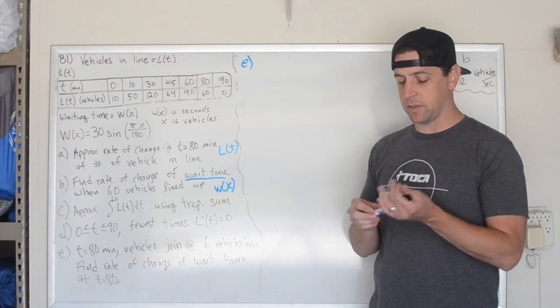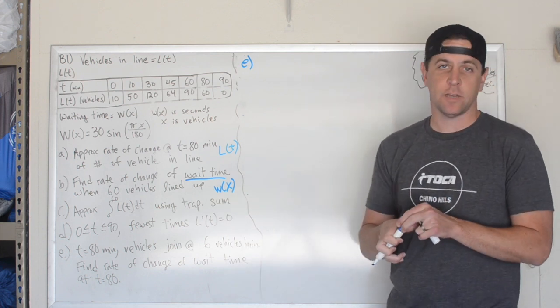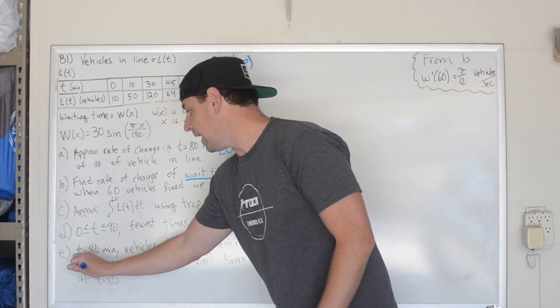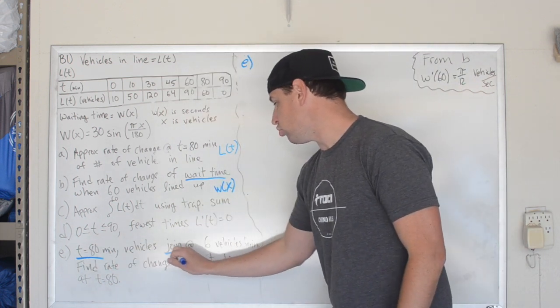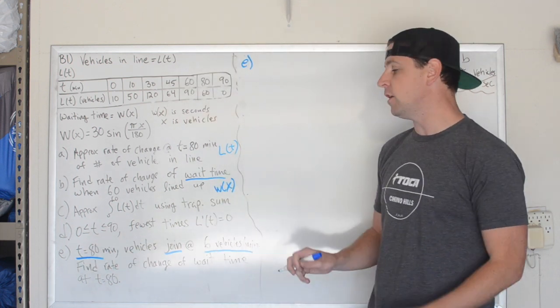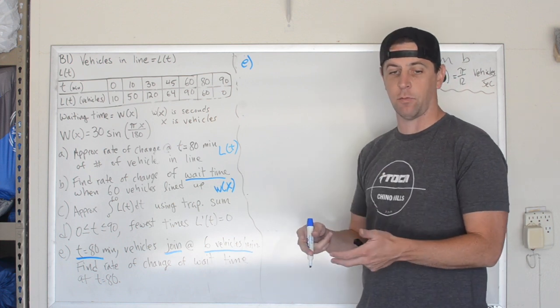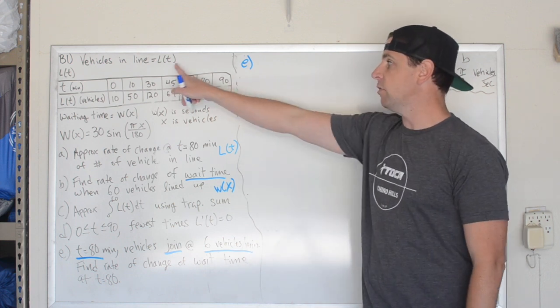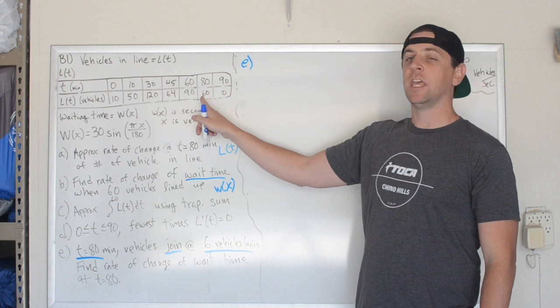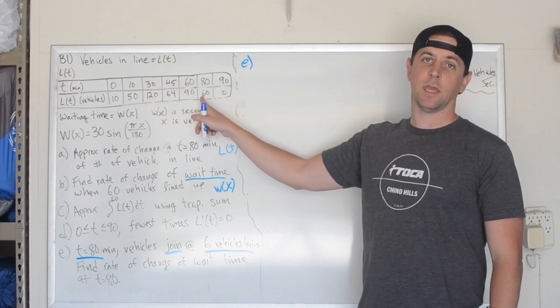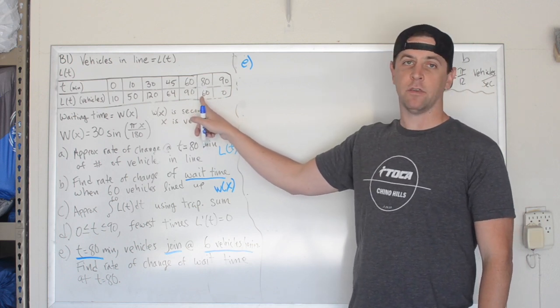So let's stop there and see if we can identify what they're telling us. They said at 80 minutes, vehicles join at this rate. So vehicles are coming into the line at this rate. Remember, vehicles in line is this function, and if it's a rate that they're coming in, then it's the derivative of this function.